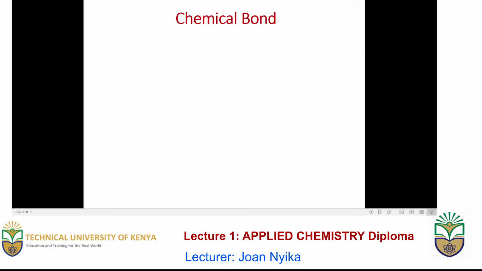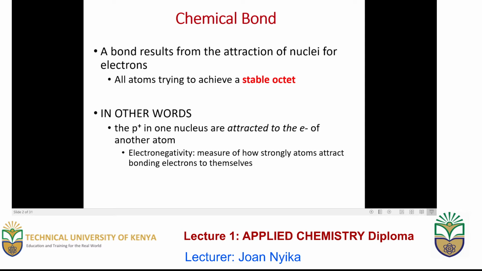So, an introduction of what is a chemical bond. What is a chemical bond? A chemical bond results from the attraction of electrons of the outermost shell by the nucleus. Remember, a recap from our previous classes, we said that in the nucleus we have the protons that are positively charged and the neutrons that have no charge.